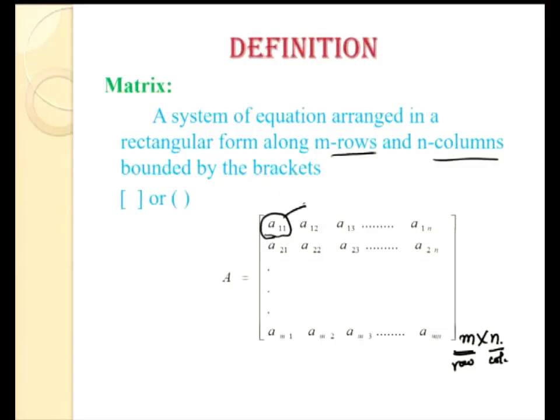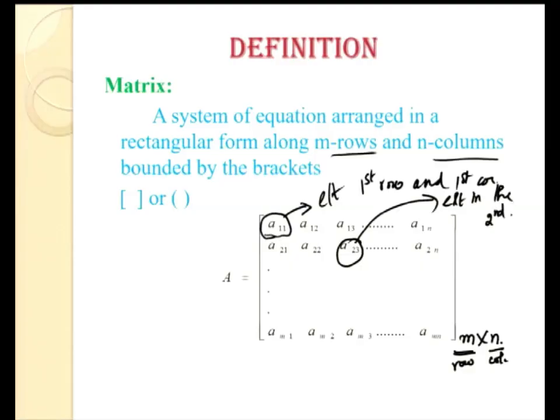For example, A11 refers to the element in the first row and first column, whereas A23 represents the element in the second row and third column. So that's how the elements of a matrix are represented.